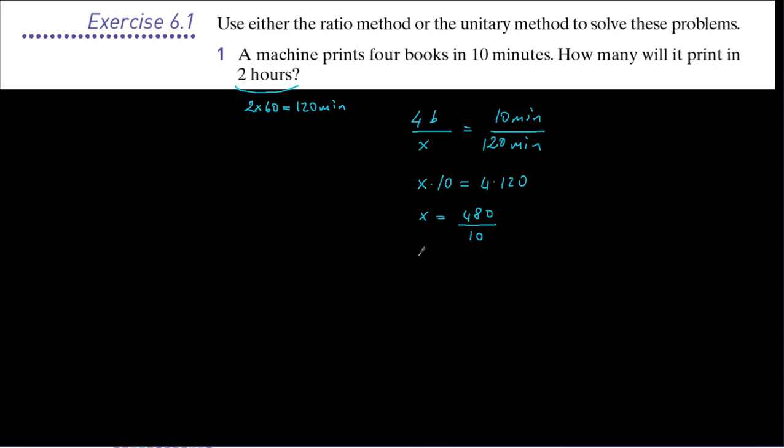These are easy numbers, so I can get the result easily: 480 divided by 10 is equal to 48. So in 2 hours, a machine will print 48 books.